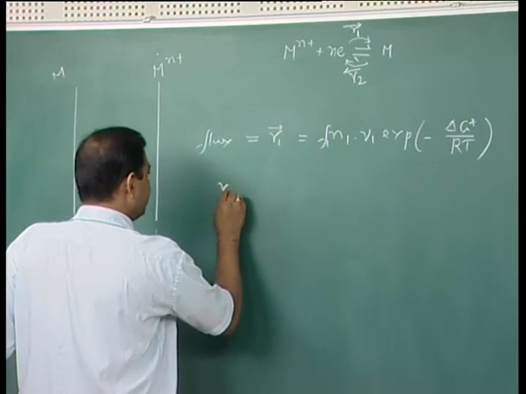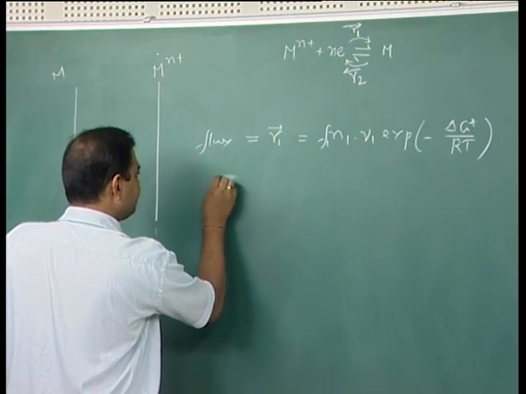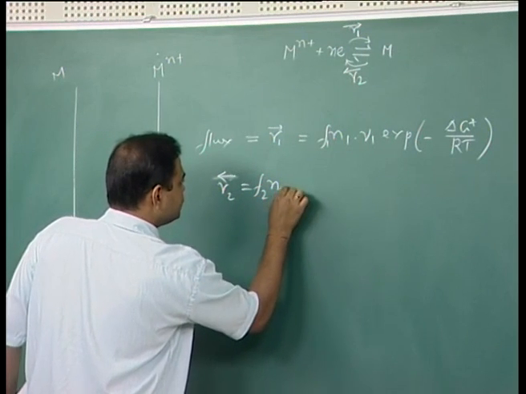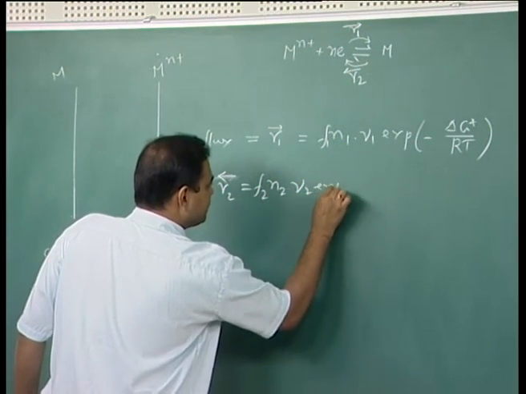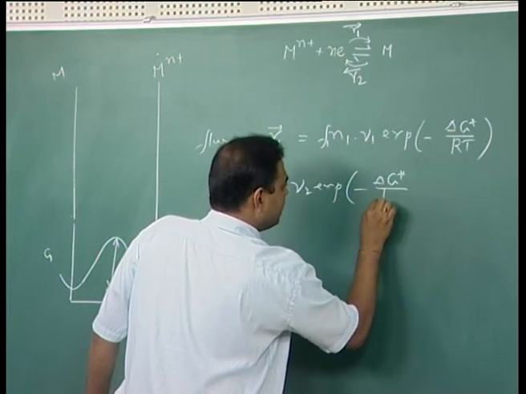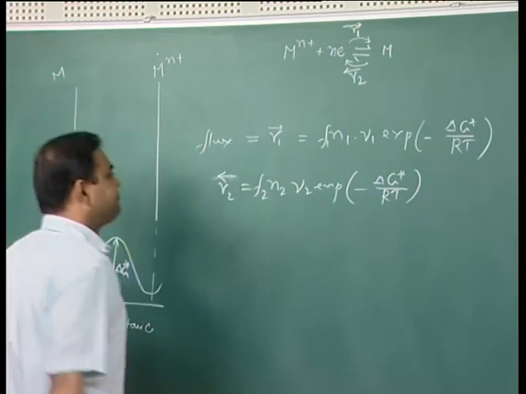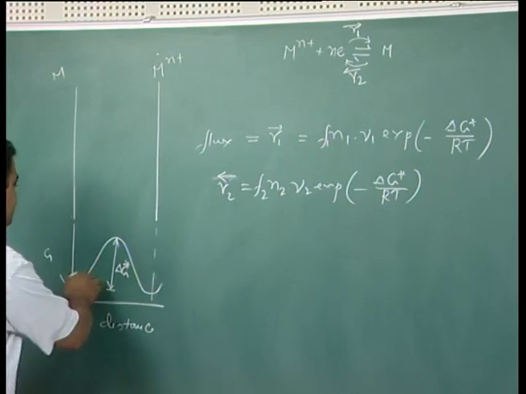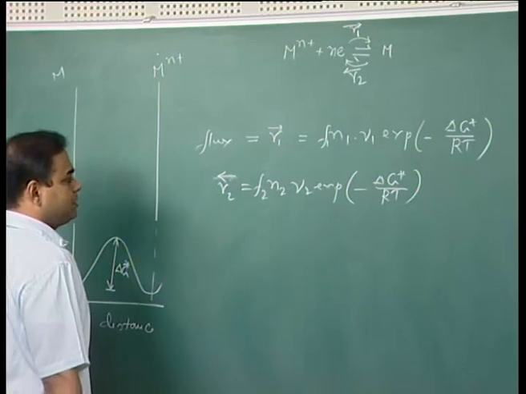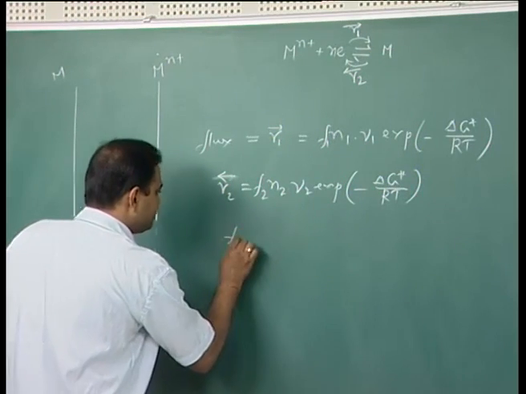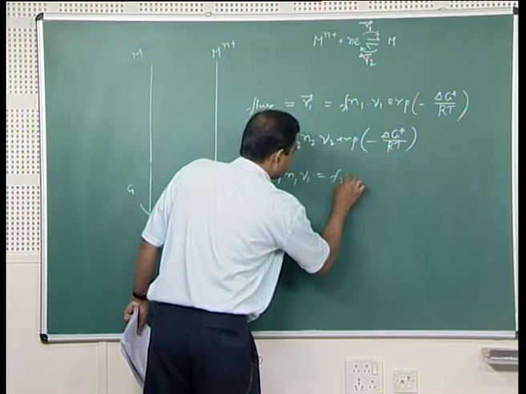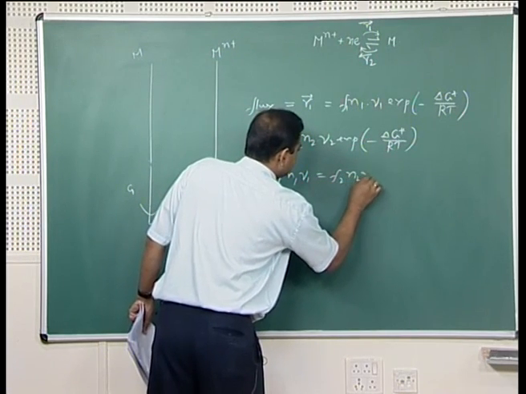Similarly, R2 would be equal to f2 N2 nu2 exp(-ΔG*/RT). And we have also seen that if these two rates are the same, we can equate these two equations and we will get an important relation, which is f1 N1 nu1 = f2 N2 nu2.